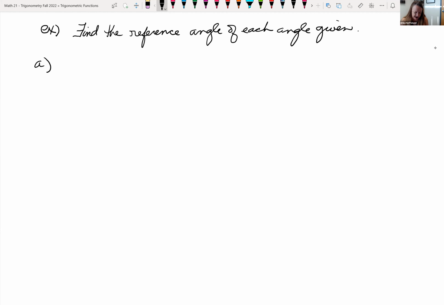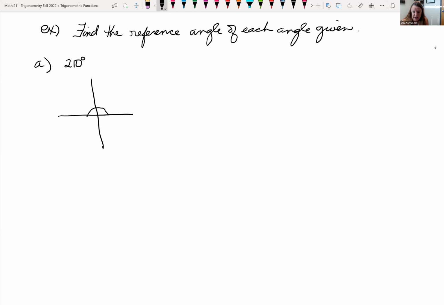So let's say we had 210 degrees. So first thing I would do when they gave this to me is I would first draw my angle. So 210 degrees, this is 180 degrees. Think to myself, how many more degrees do I need to go up to get to 210?